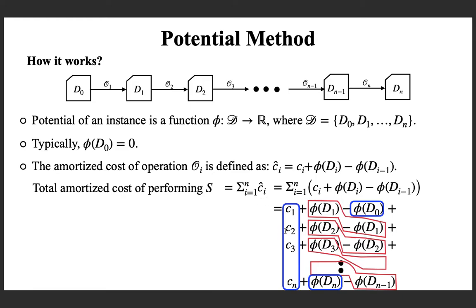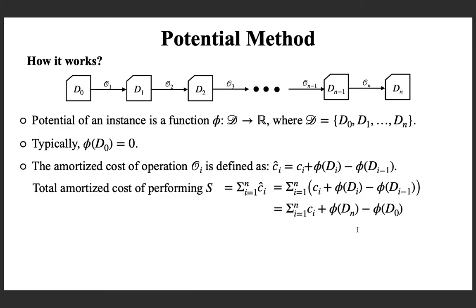So, this is actually the summation of actual cost plus the potential of the last instance minus the potential of the initial instance. That is exactly the total amortized cost.